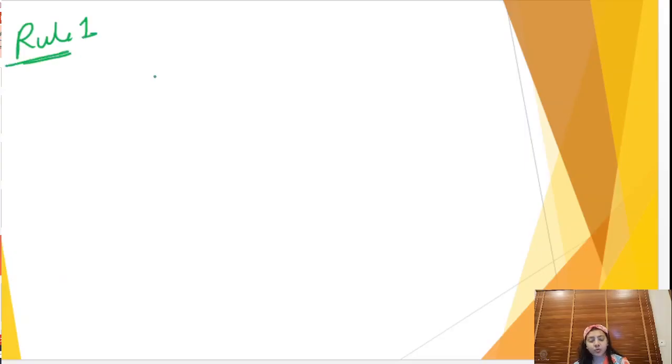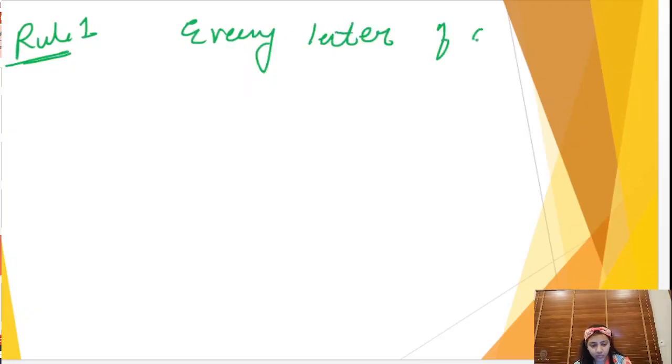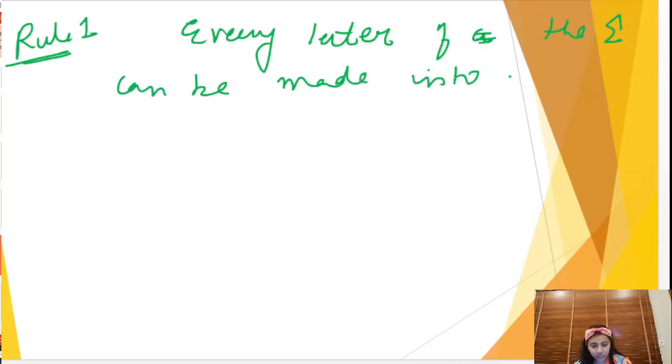first we have rule 1. Rule 1 says that every letter of the alphabet can be made into a regular expression. Lambda is also representing one regular expression.